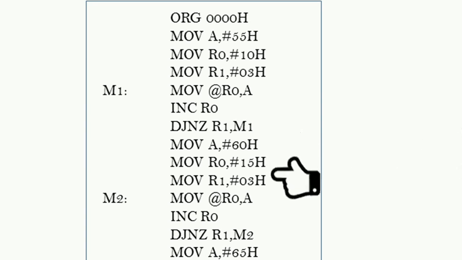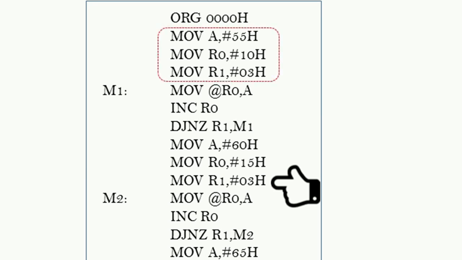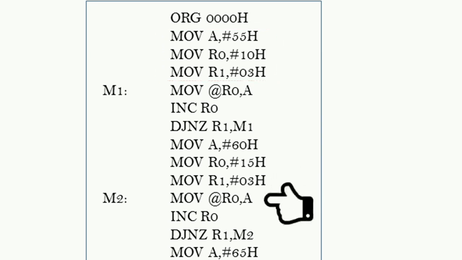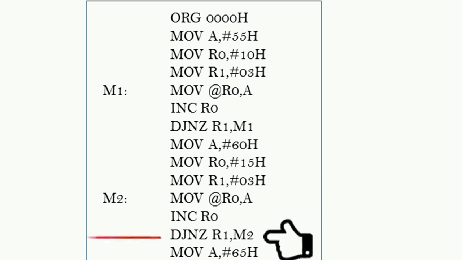Again, we have a similar set of instructions that move data to the accumulator and registers. This set of instructions in the loop is similar to what we have seen earlier. And it will fill up data memory location 15 hex to 17 hex with the content in the accumulator, which is 60 hex.